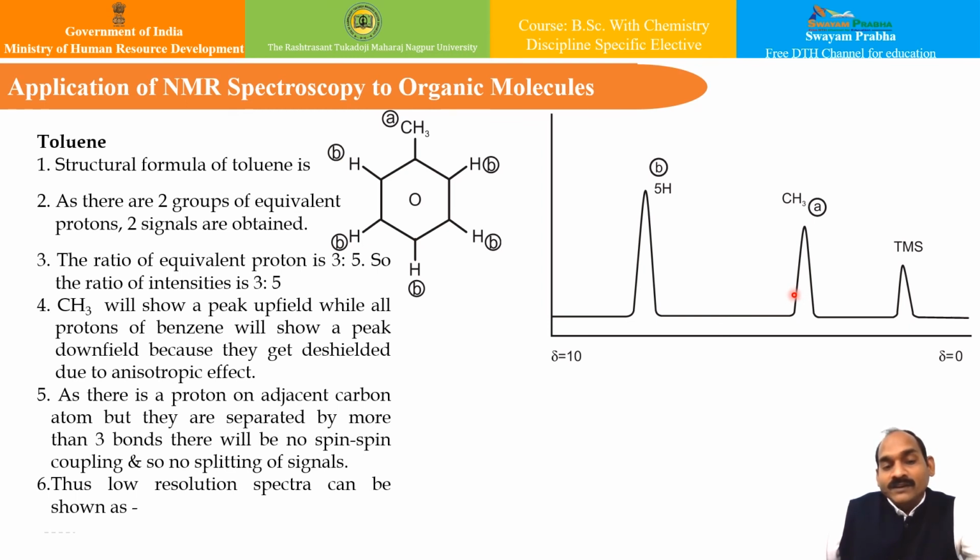There will not be any splitting of signals, and therefore the spectra will show a sharp signal in both cases. So you will have two peaks, of A kind and B kind of environment of proton, and this low resolution spectra can be shown like this.